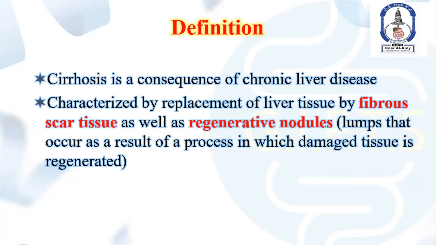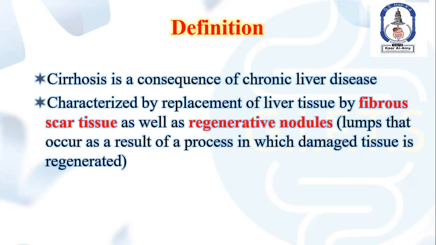But unfortunately, because they are not arranged in plates and in the acini, in the hexagonal form, with the presence of central veins and portal triangles, this architectural form makes it unable to perform its exact function.